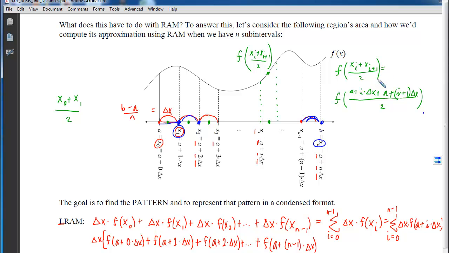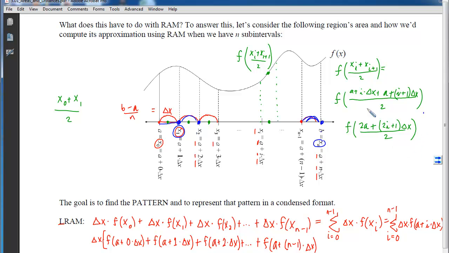So if we simplify that, we will end up with f of 2 of those a's plus an i plus 1 delta x plus another i. That gives us 2i plus 1 of those delta x's over 2.